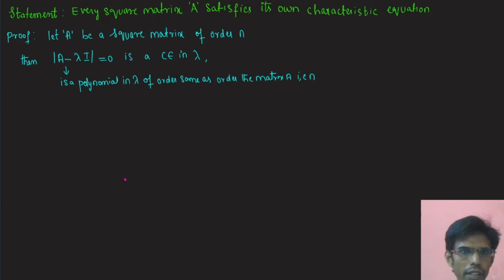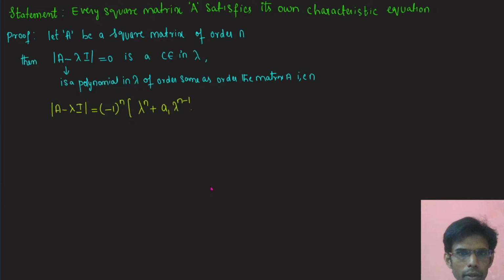Now in that case we can suppose the determinant of A minus lambda I, which is a polynomial, as minus 1 power n into lambda power n plus a1 lambda power n minus 1.